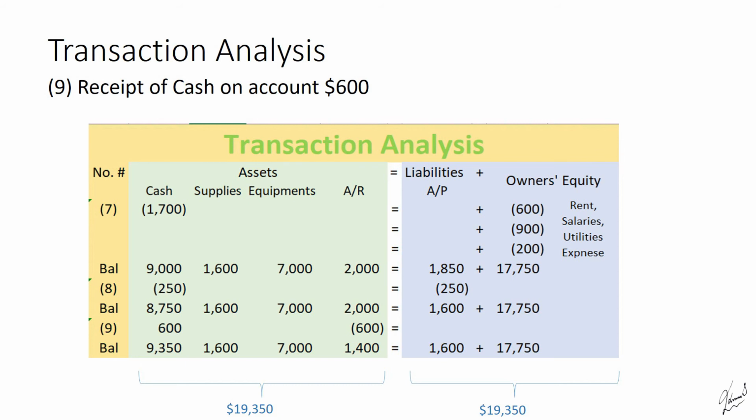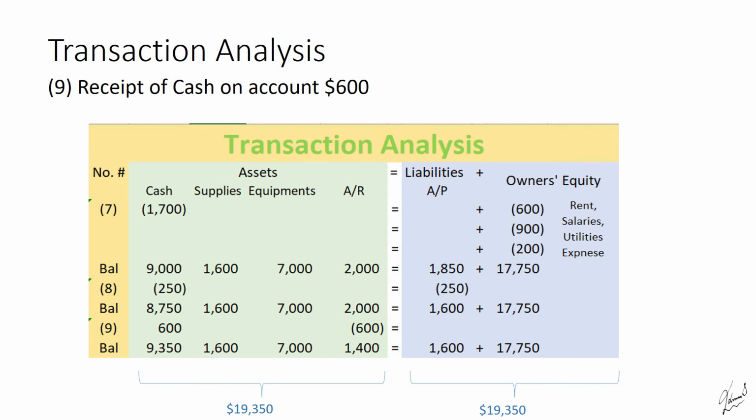Receipt of cash on account 600. Earlier in 6th transaction, we had service provided on credit. Amount was 2000. So we put it under accounts receivable. The amount we will receive later. Now in 9th transaction, we are receiving some of them.